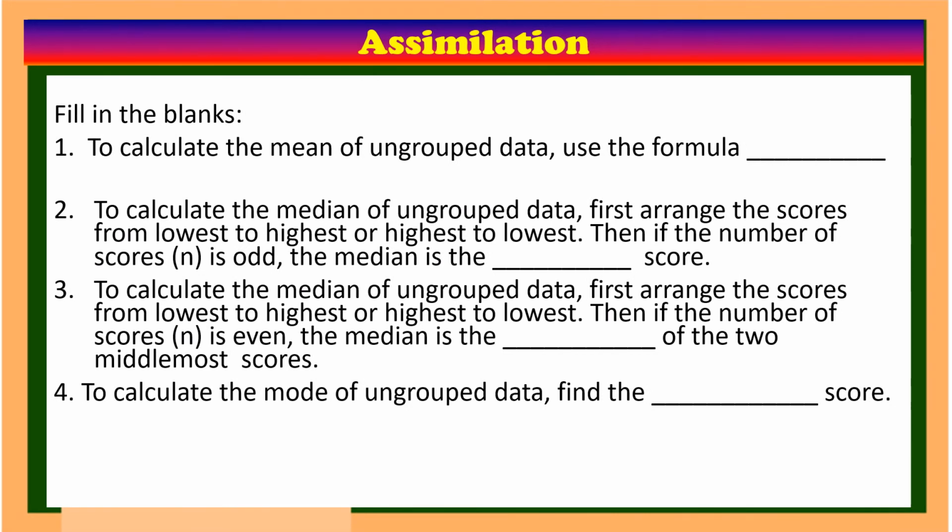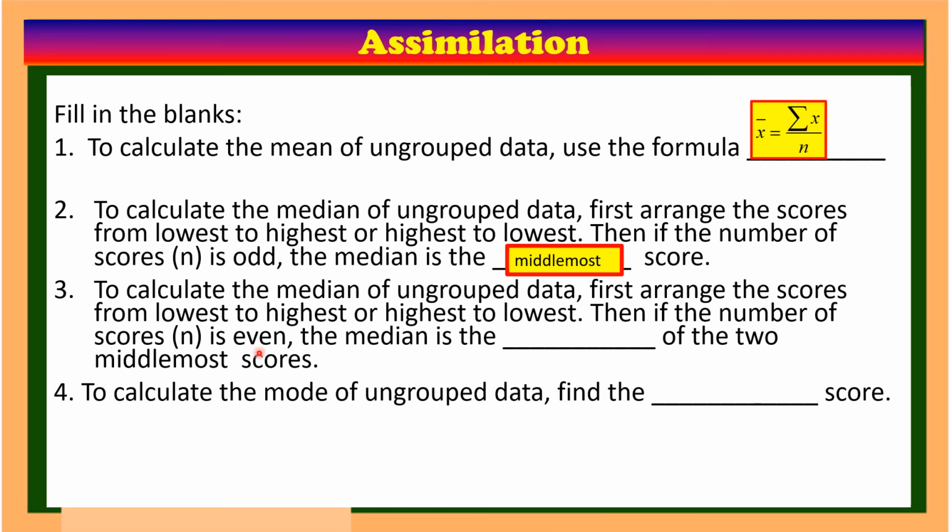So we have assimilation, fill in the blank. To calculate the mean of ungrouped data, we use the formula. What is the formula? Mean equals summation of x over n. To calculate the median of ungrouped data, first arrange the scores from lowest to highest or highest to lowest. Then if the number of scores n is odd, the median is the blank, the middlemost score.